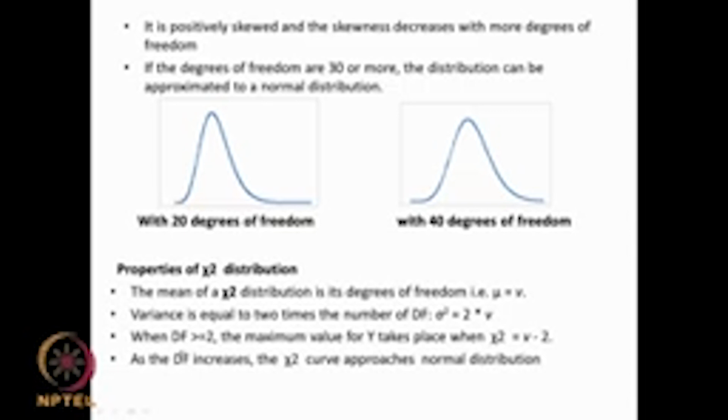When DF is greater than or equal to 2, the maximum value for y takes place when chi-square is equal to nu, the degrees of freedom, minus 2. Do you understand?